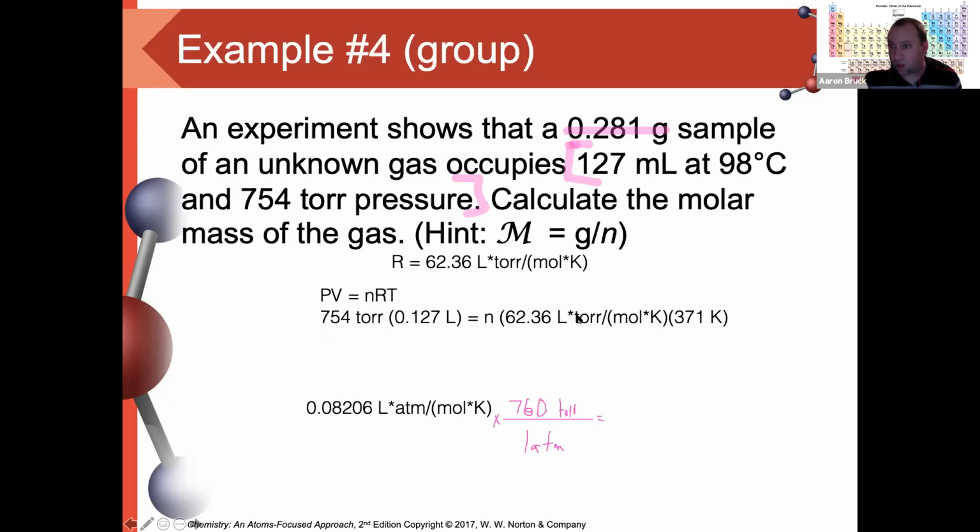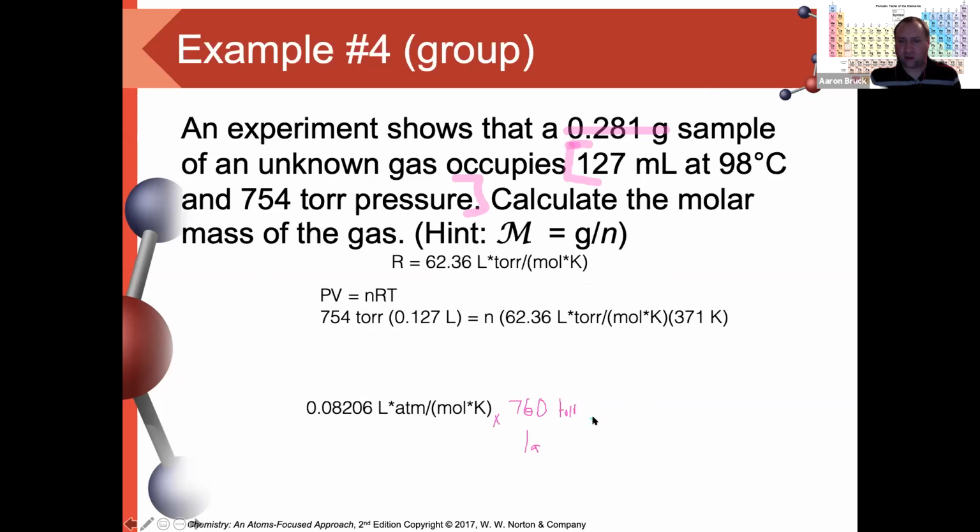That's what we want. If we wanted to use the 0.08206, we would have to convert our pressure unit into atmospheres, which means we would divide it by 760. You can do that, that's not a problem. But since we have this value of R already there for us, it's a lot easier to just use it.